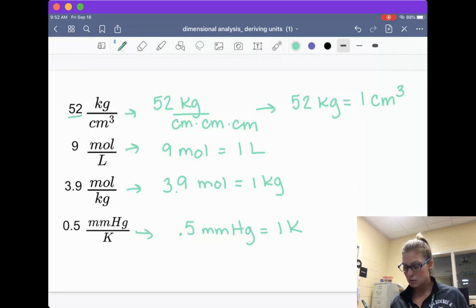If I had an air pressure of 7 millimeters of mercury, what could I predict the temperature to be? Let's say we had 275 degrees Kelvin. What would the air pressure be then? So these conversion factors, these equality statements, or these two-dimensional units, allow us to make predictions based off of the situations that they came from.